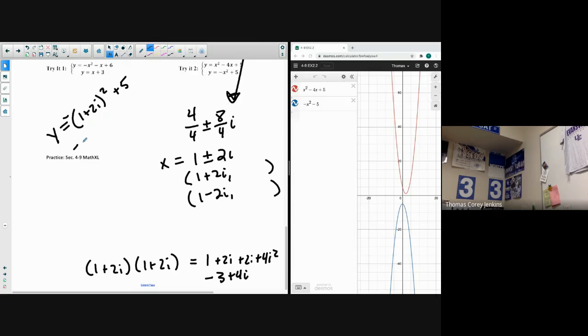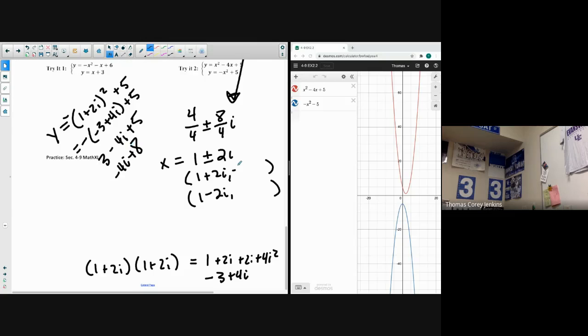So that is -3 plus 4i. All right, that is plus 5. So that ends up being 3 minus 4i plus 5, which is -4i plus 8.